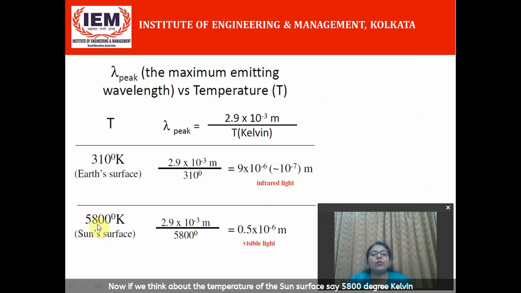Now if we think about the temperature of the sun's surface, say 5800 Kelvin, and put this value in the formula, then the wavelength emitted by the sun's surface is in the visible region. This can also be used to determine stellar temperature. If we put the wavelength of the light emitted by a star in this formula, then the temperature of the star can be determined with the help of Wien's displacement law.